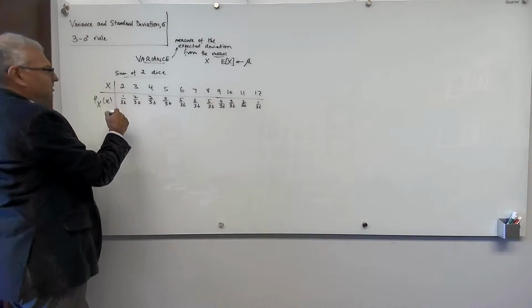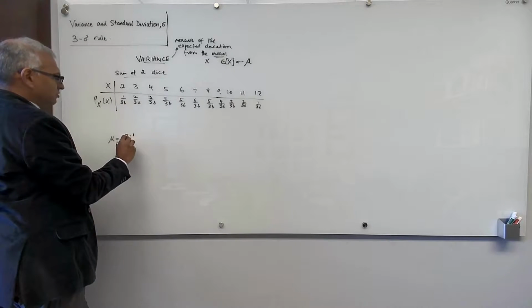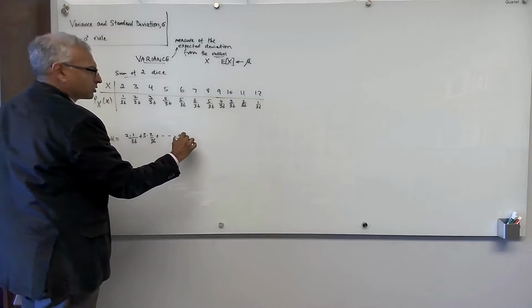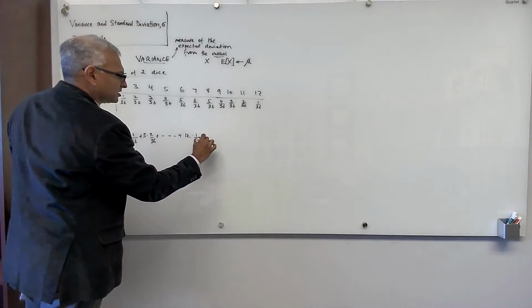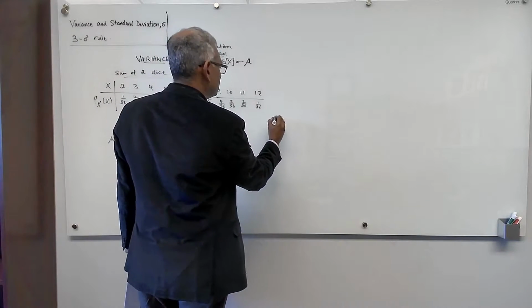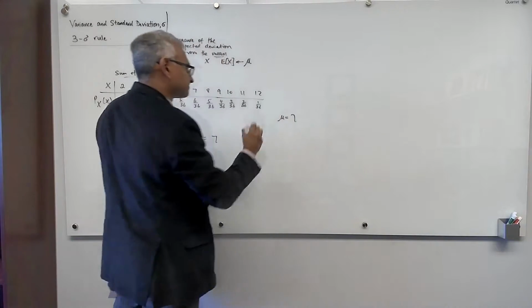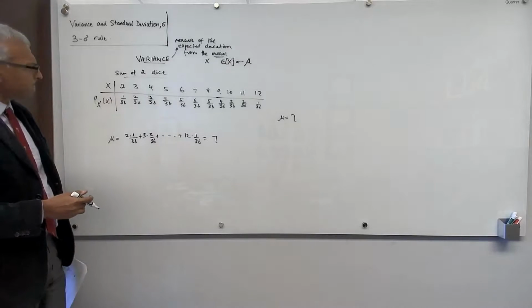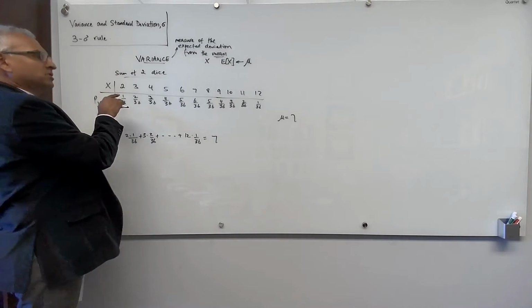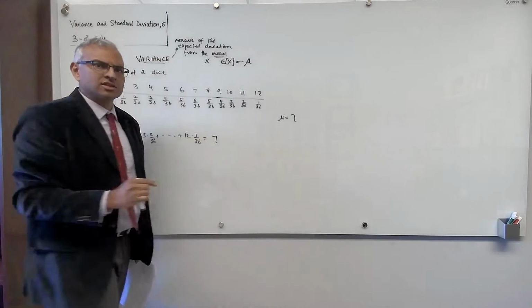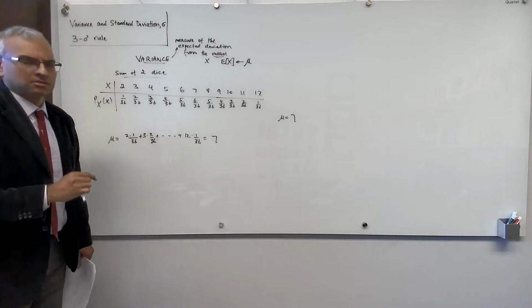So the expected value is 2 times 1 over 36 plus 3 times 2 over 36 plus and so on plus 12 times 1 over 36, and this was equal to 7. So mu equals 7. Now if you run this experiment, you will observe either 2, 3, 4, 5, 6, 7, 8, 9, 10, 11, or 12. You may not necessarily observe the mean of 7.